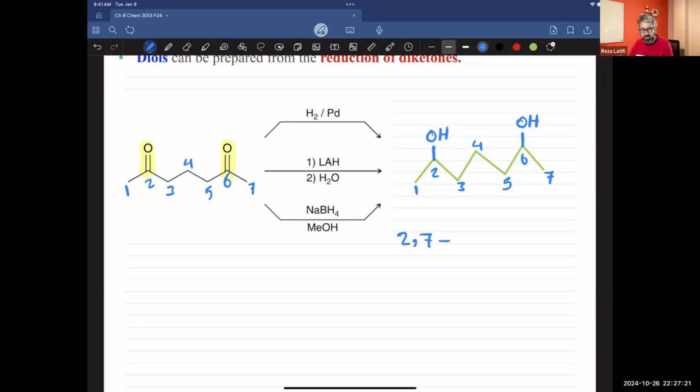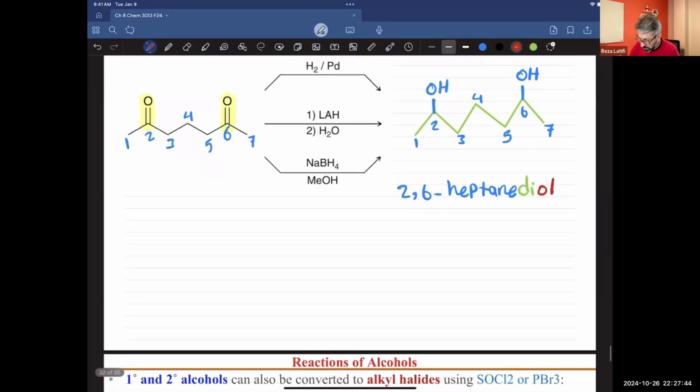We have 7 carbons, and on 2 and 6 we have OHs, so it will be heptane, and then diol. Or heptane, then dash 2 and 6, we have OHs, so I go diol.